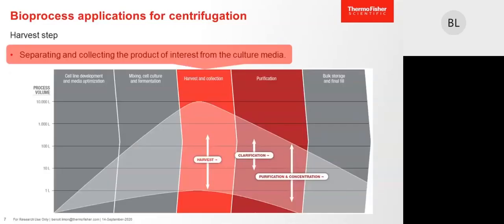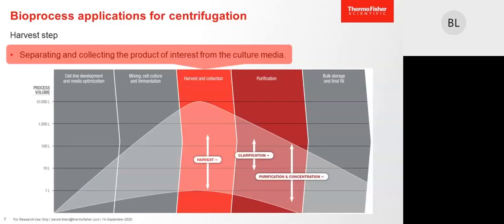This chart is showing you the typical curve for volume. Upstream starts with a few milliliters and expands from 1 liter up to maybe 10,000 liters, followed by the downstream. You see in red the harvest and the collection phase.